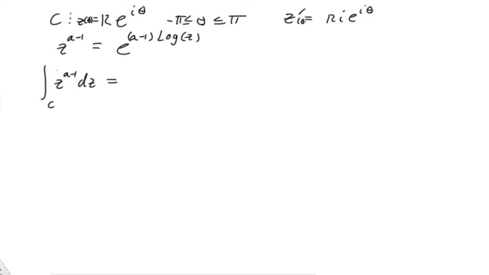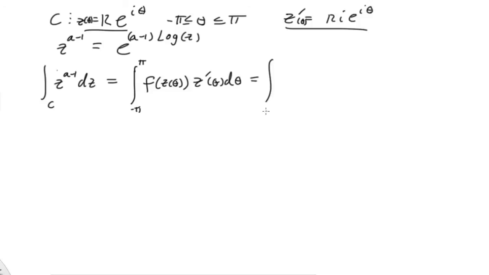Then we have to evaluate our function on this path. So this becomes the integral from negative pi to pi of f of z of theta times z prime of theta d theta. That's now the constructive integral that we can actually compute.